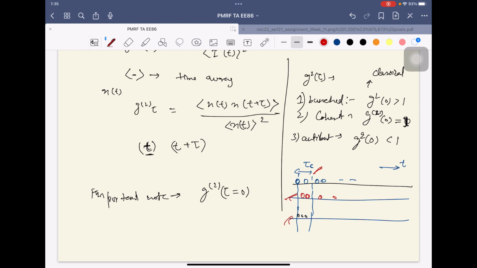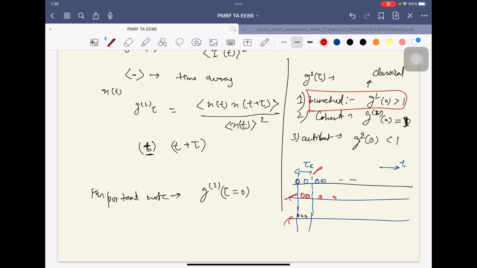This means that given a detection event at t, there is a higher probability of another detection event at a time close to t. So this kind of source satisfies g2(0) greater than 1. Indeed, it can be shown that a classical light source must always satisfy this condition. So this is the classical light condition.